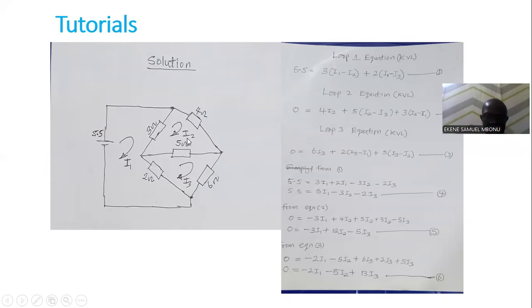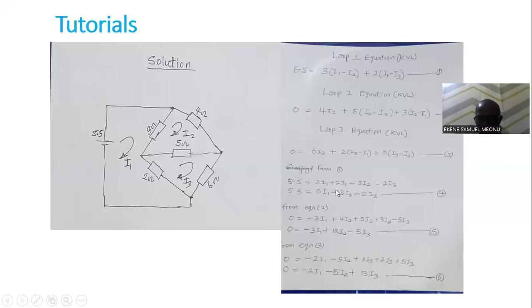So we have 4I2 plus 5 into I2 going this way and I3 going the other way around, plus 3, I2 is moving up, I1 is coming down, so it's 3 into I2 minus I1. For loop 3, I3 is the principal current there, so we have 6I3 plus 2 into I3 minus I1, and then plus 5 into I3 minus I2.